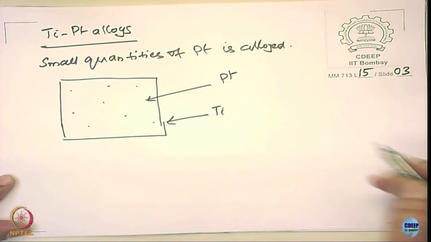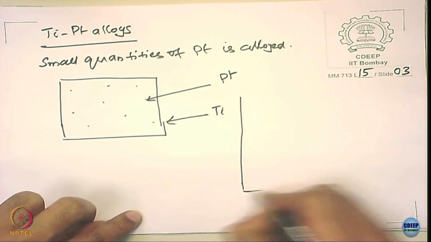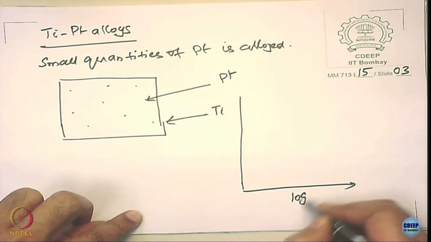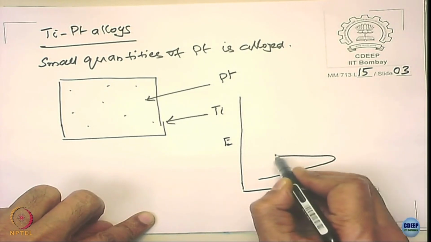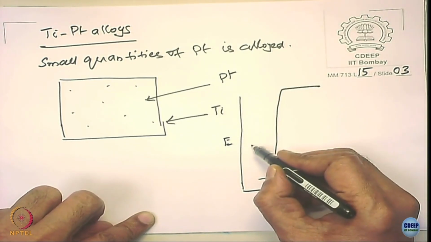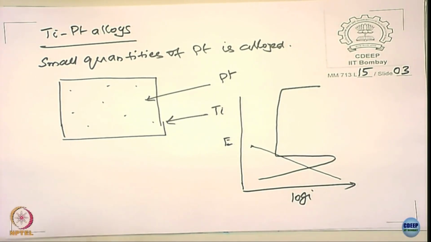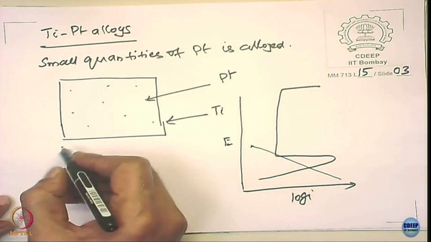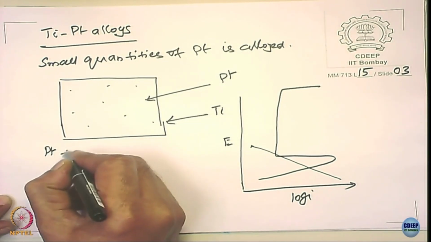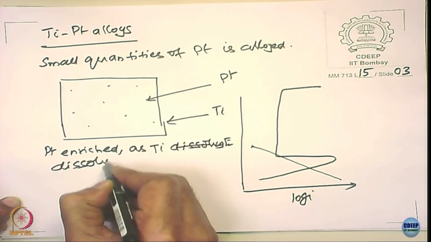Initially, in this case, as I told you before, I have this. Initially, what happens? You get something like that. Now, as the titanium dissolves, what happens? Platinum gets enriched, right?